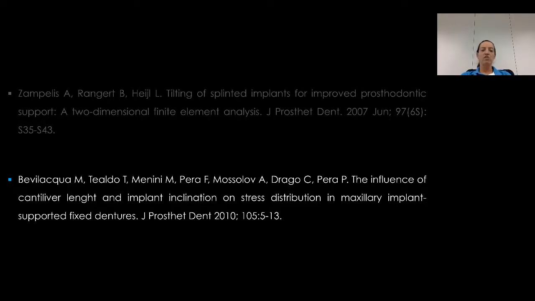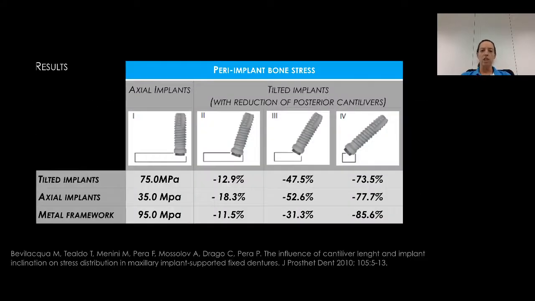Now, another very interesting study is from Bevilacqua. He did the same type of study, and he wanted to see the influence not only on the tilted implant, but also on the axial implant and on the metal framework. He started with one implant straight, then tilted it 15 degrees, 30 degrees, or 45 degrees, and this angulation also reduces the cantilever.